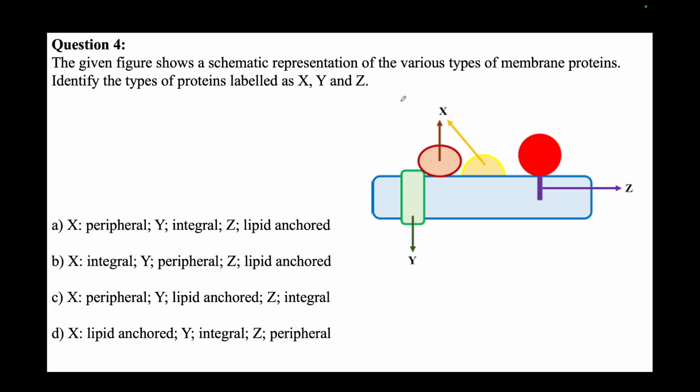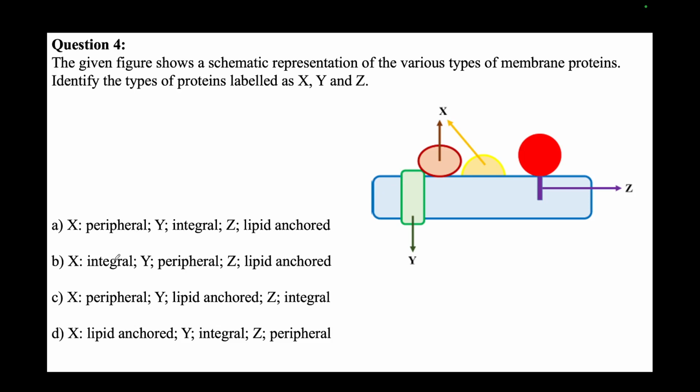The given figure shows a schematic representation of the various types of membrane proteins. Identify the types of proteins labeled as X, Y and Z. So we have a schematic here. Now you have to tell what is X, what is Y and what is Z. This is very simple. Option A is X is peripheral, Y is integral and Z is lipid anchored.